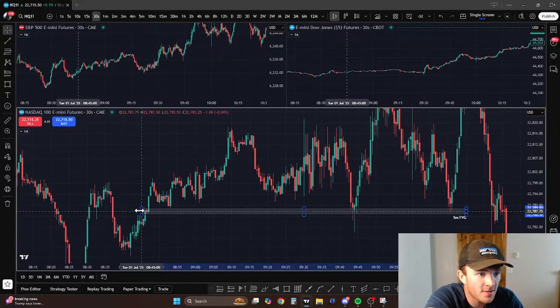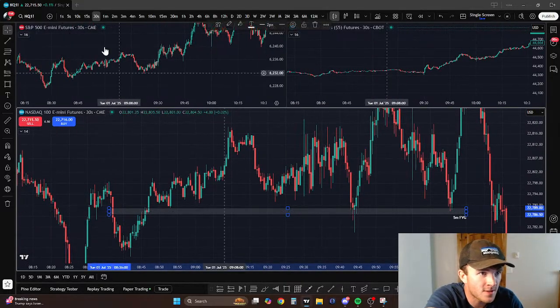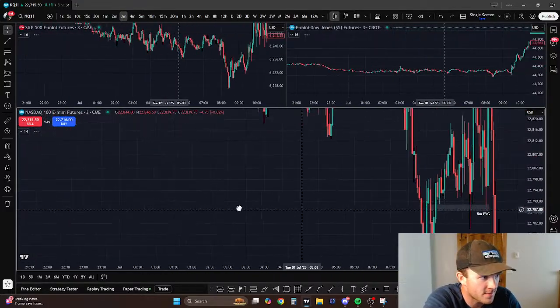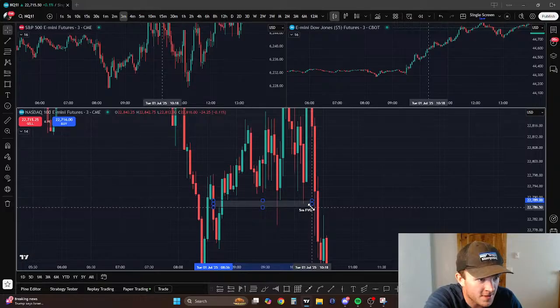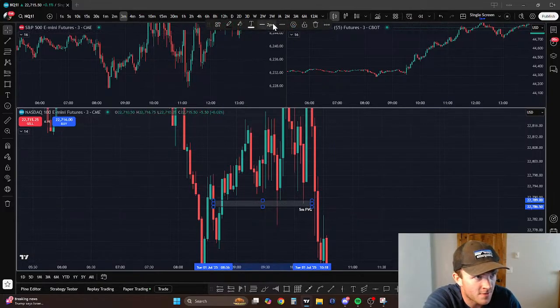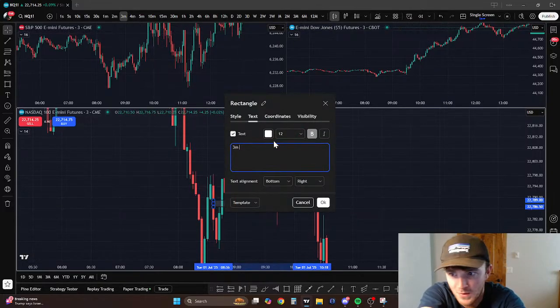See, look at how this fair value gap can get used so many times. It took me a while to understand that fair value gaps don't lose their value after one use.